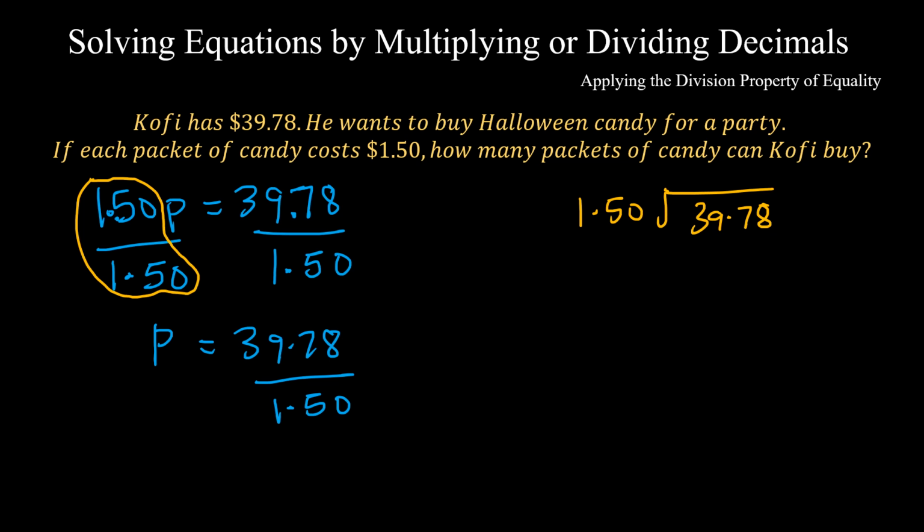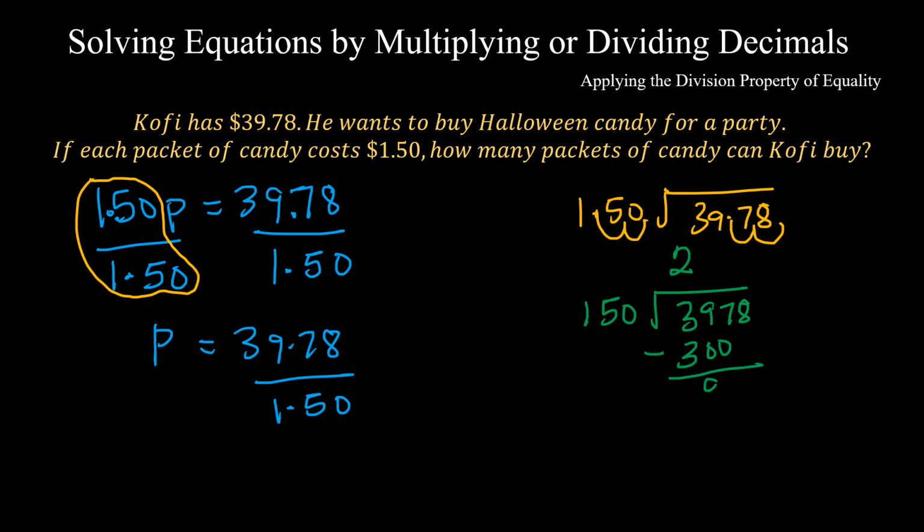We can move it twice and have no decimals left. So 1, 2, and then we have to move that the same number of times so we don't change our problem. So this is the same as 3978 and then 150 into that. All right, so let's see what this looks like. So 150 goes into 300 twice, so we can subtract 300, and then you have 97.